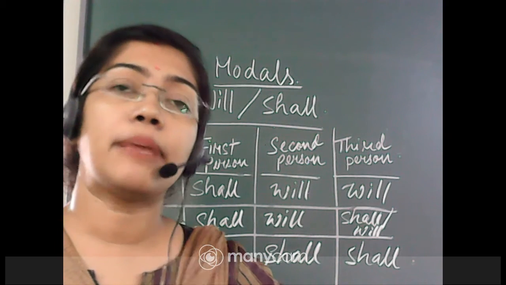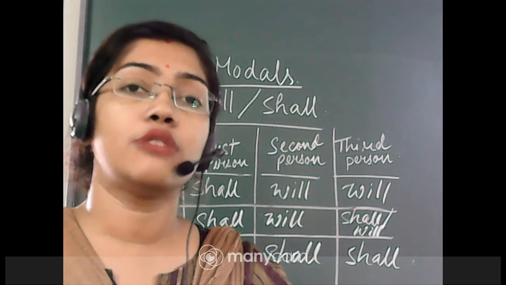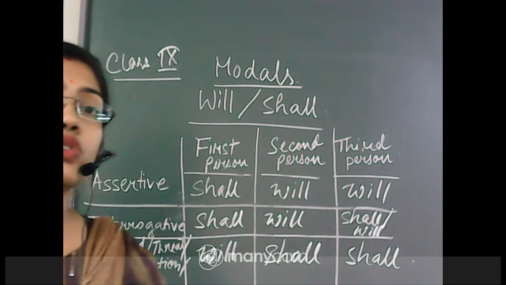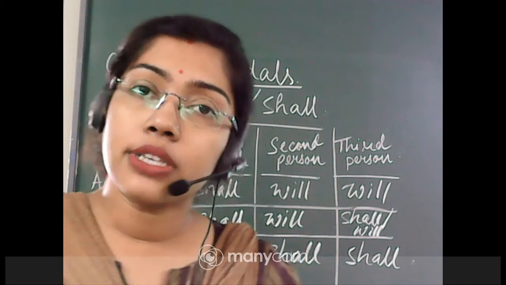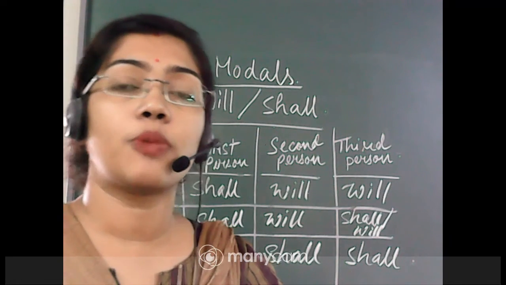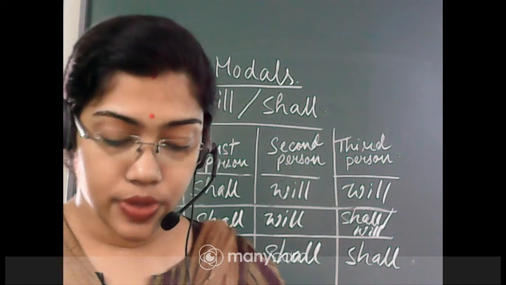Those are for the may, might. There are other modal verbs which are used to express those emotions. But for will and shall, we are going to use only the determination, the command, the promise, and kind of threat. So these four things are normally used for will and shall in modals.